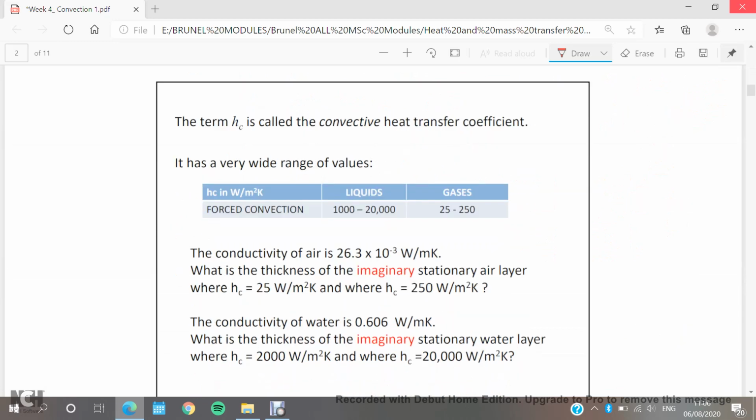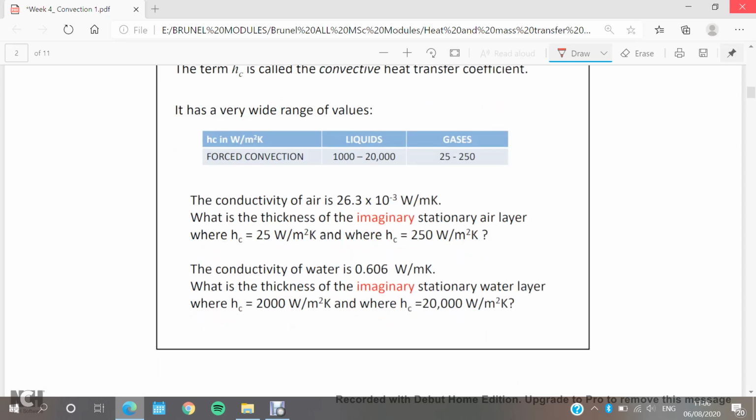Okay, so the term HC, which is the convection heat transfer coefficient, ranges between different values. In case of liquid, you will find it between 1000 to 20,000. In case of gases, 25 to 250.